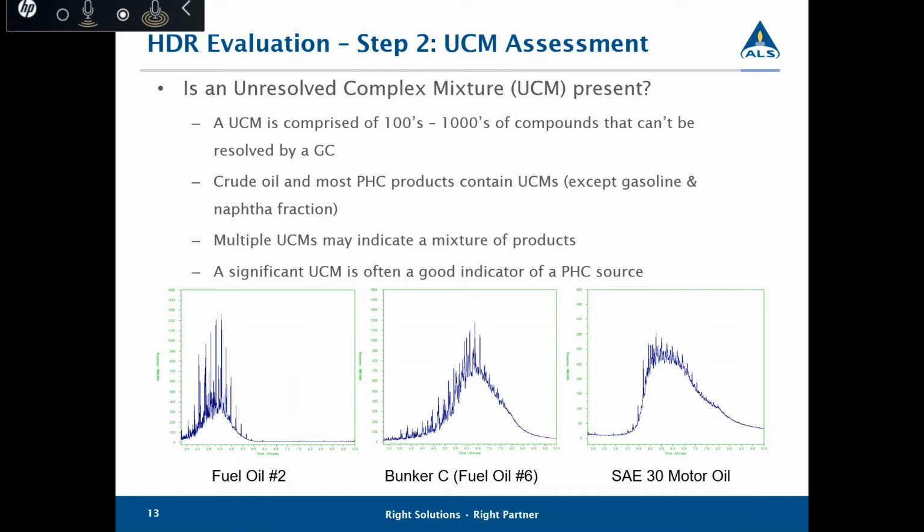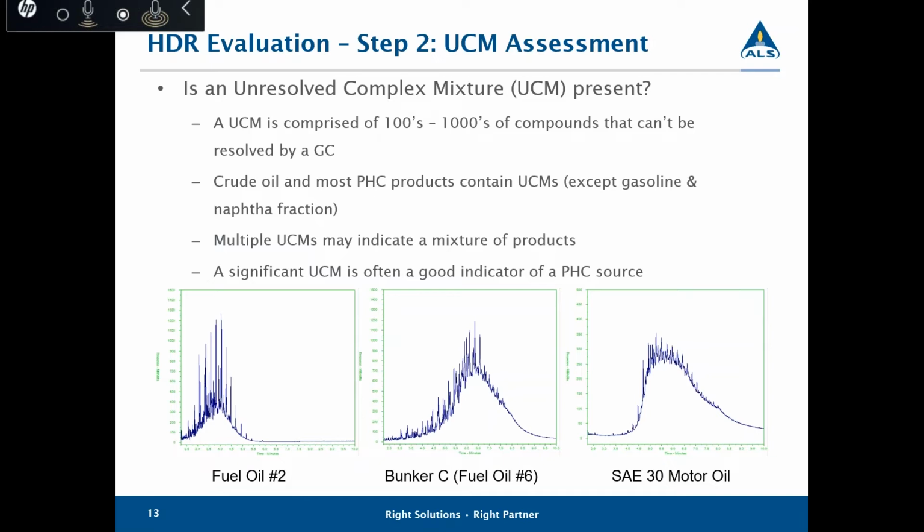In step 2, we are going to look into the unresolved complex mixture, whether it's present or not. The UCM, as we call it, is comprised of thousands of compounds that can't be resolved by the GC separation technique. Therefore, they display as a hump on the chromatogram.